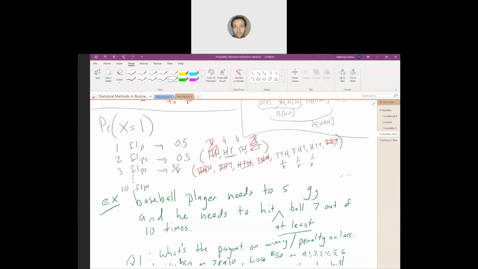For one flip, there's one way to get a heads. For 2 coin flips, there's 2 ways to get a heads. For 3 coin flips, there's 3 ways to get 1 heads out of all the flips.